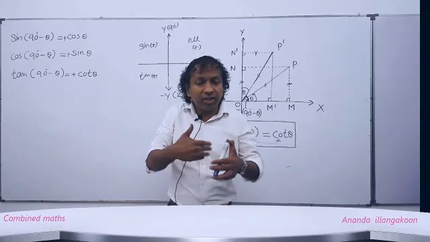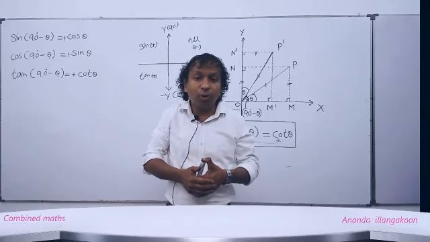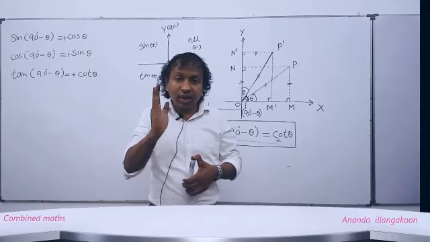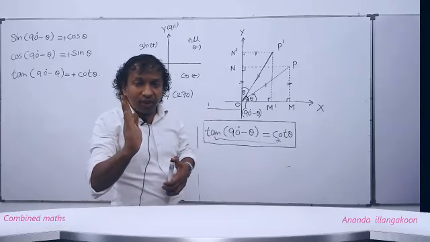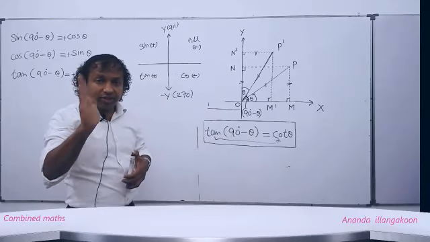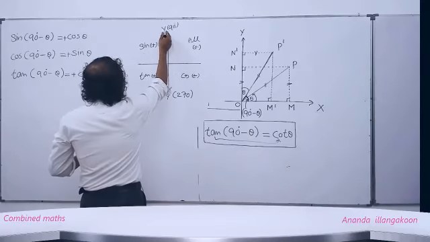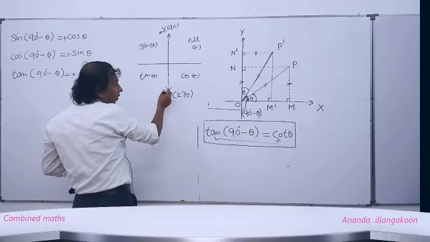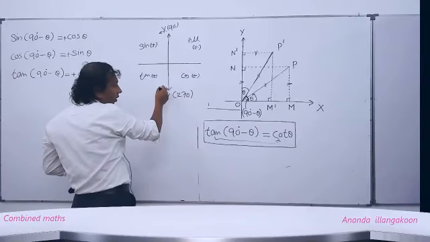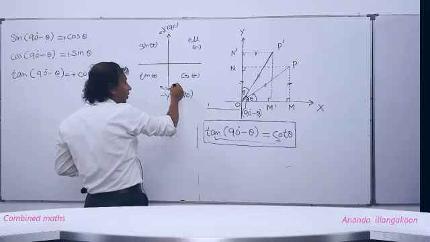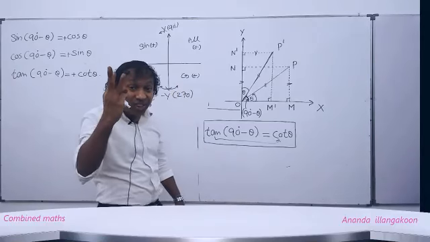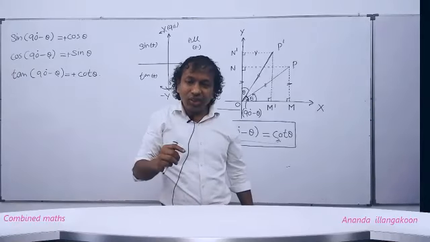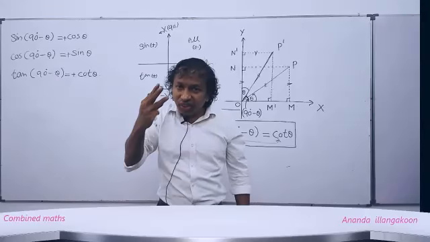Now, people, what are the other possible angles we can form this way? First angle on the y-axis: 90 plus theta. What is the next angle? 270 minus theta and 270 plus theta. For those three angles also, people, for each angle like this, three ratios.